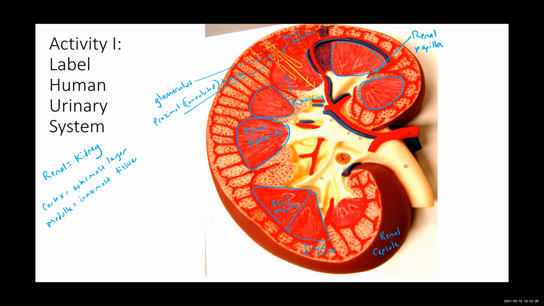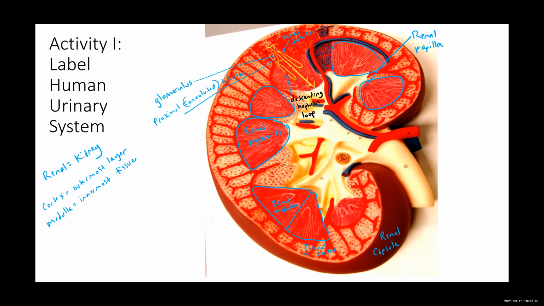Let me try black. Hopefully that will show up a little better. Descending nephron loop. And then the loop comes down and then it goes back up.